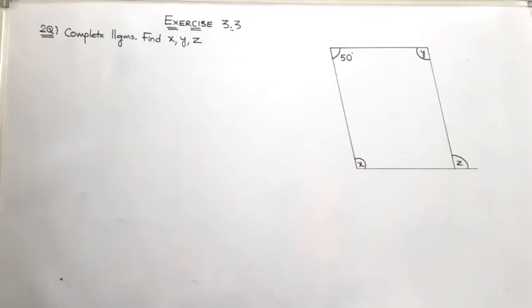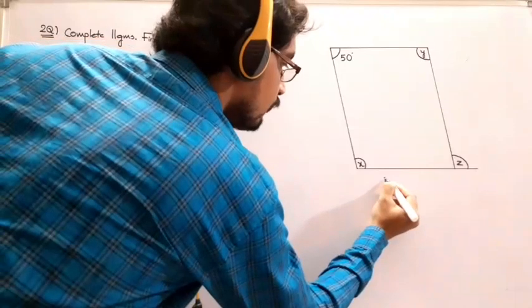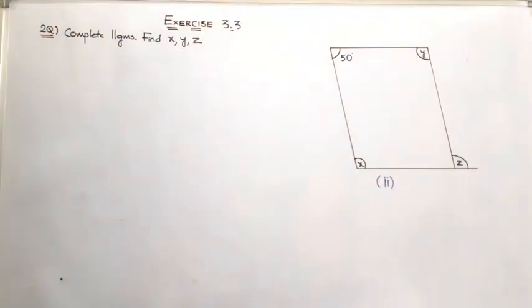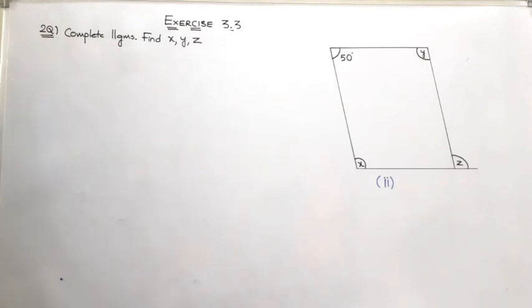So I took the second question, children, because the first one is very easy, and by observing the second solution you will be able to do the first one. So look, complete the parallelograms. The question is actually pointing to parallelograms again.